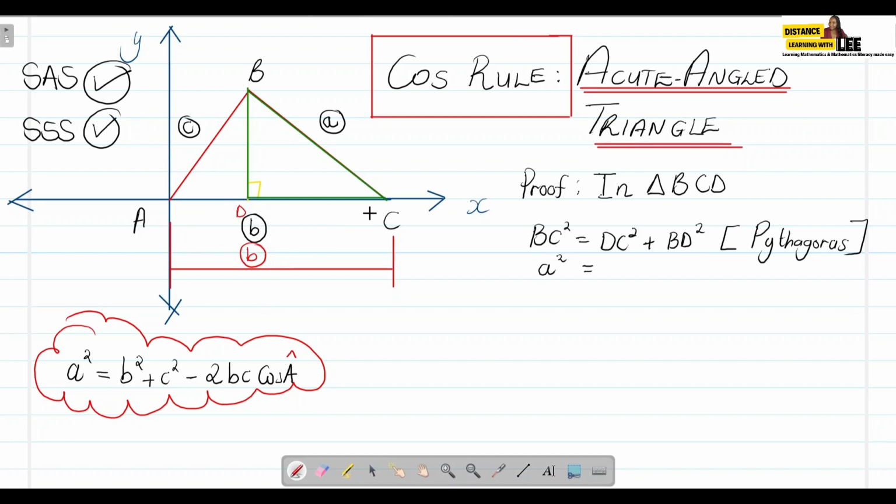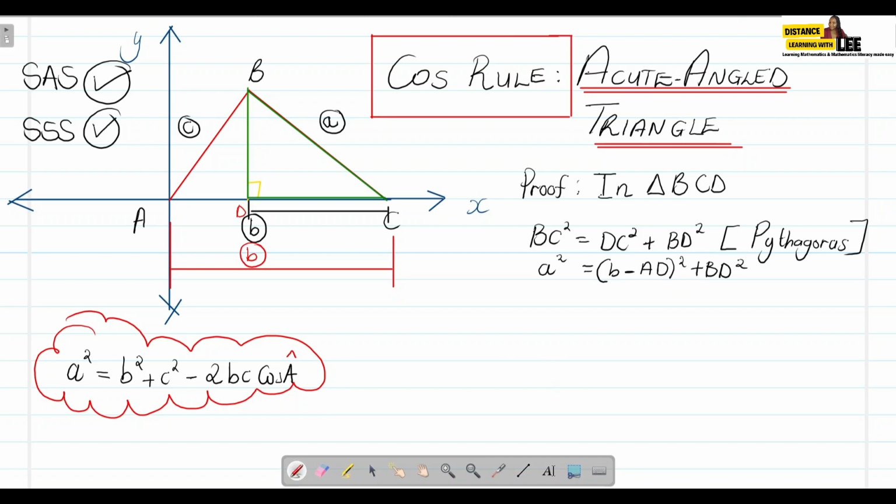DC is actually length B minus AD. So we can write DC as B minus AD, all squared, plus BD squared.